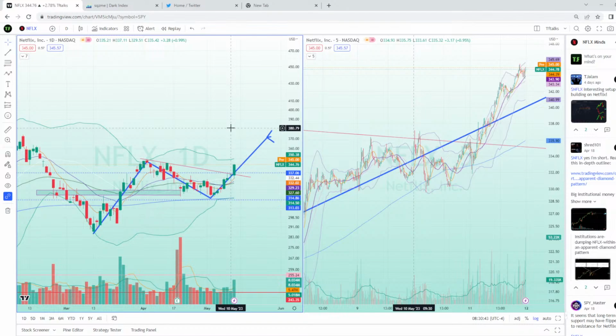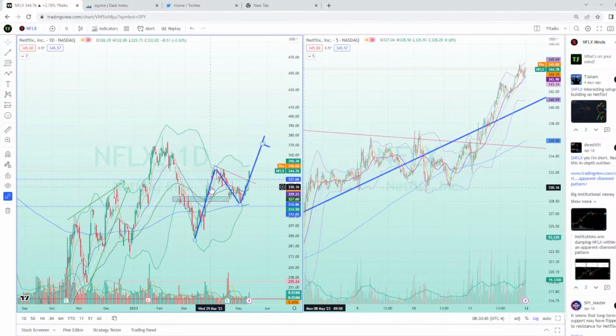A little bit ugly, but it's okay. So we could see Netflix go above, around the 370 levels, back to the previous high over here.